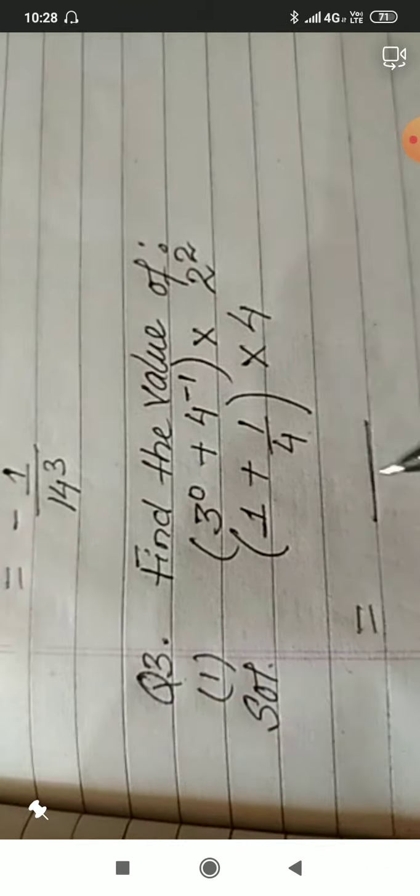Then after this we are going to solve this bracket. So we are going to take the LCM. Now you are in 8th class, so directly you can solve this. You will get the LCM as 4. So 4 plus 1 into 4.